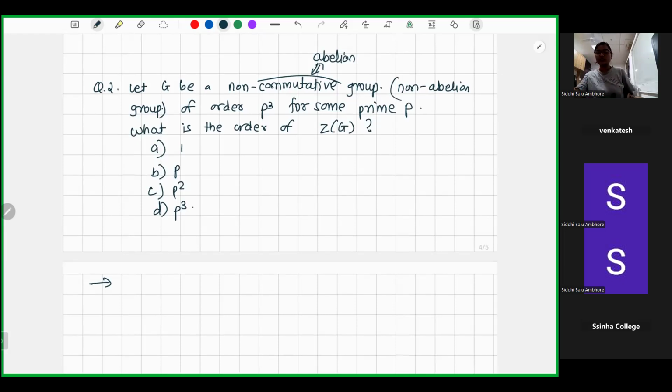So G is a group of order PQ, P is some prime, and they are asking what is the order of ZG. That's the question. In any case, what will be the order of ZG in this case?